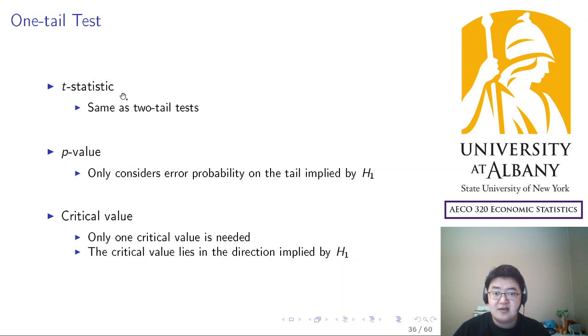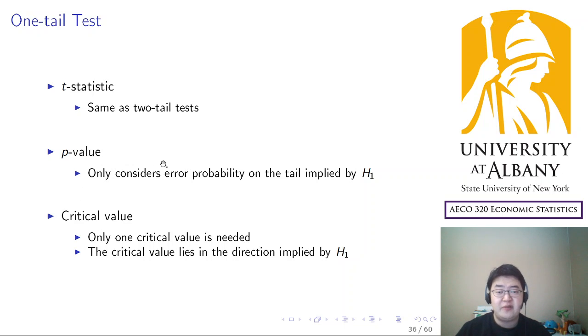The t-statistic is exactly the same, because the t-statistic is just the standardized difference between your hypothesis and your data. There is no difference in the t-statistic, but the difference can be found in the p-value and critical value.